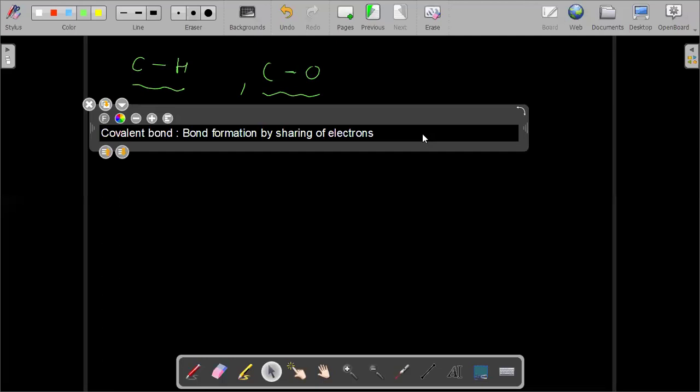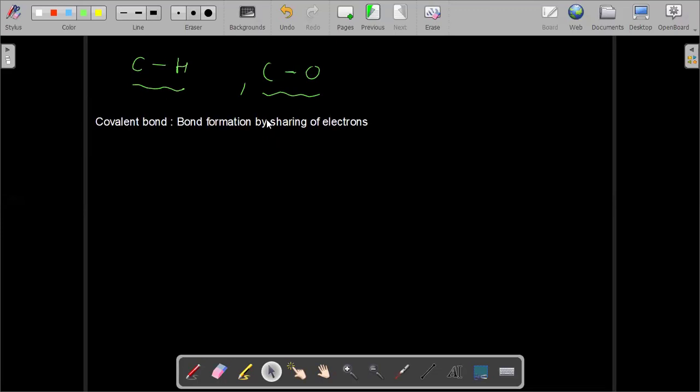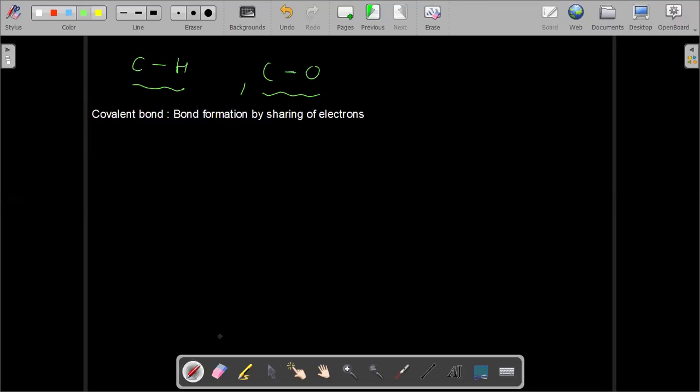So covalent bond is the bond formation by the sharing of electrons. So see, you have carbon and hydrogen, carbon and oxygen.